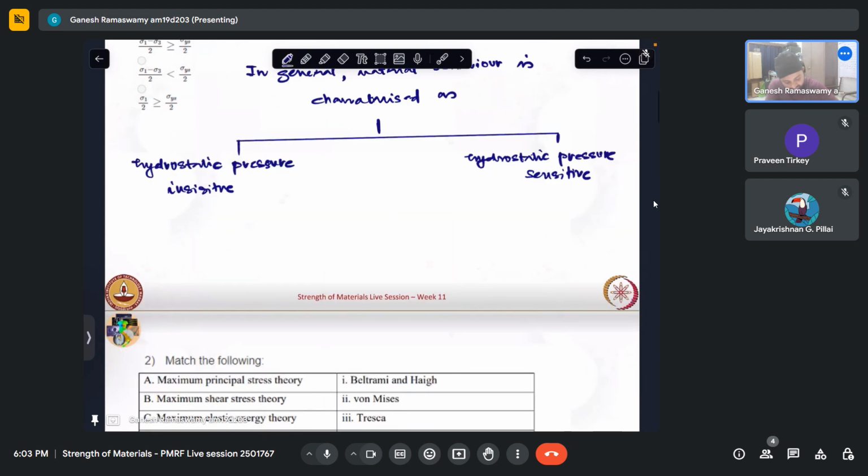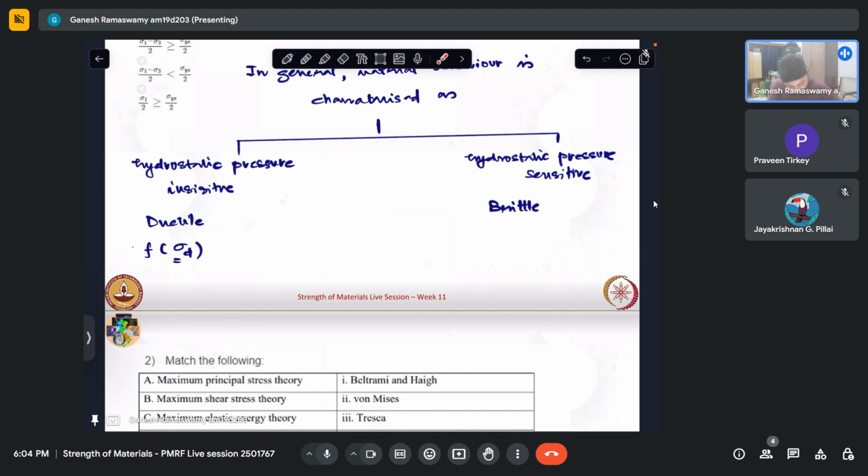There are certain classes of materials which are insensitive to hydrostatic pressure, and we term them as ductile. Here failure is governed by shear stress, basically distortion. So theories of failure will be functions of our deviatoric stress tensor. And here, what we generally term as brittle, it will be a function of the actual pressure, the maximum principal stresses and so on.